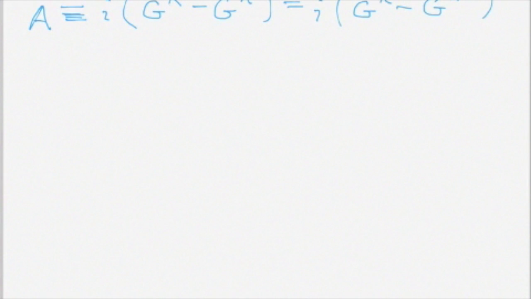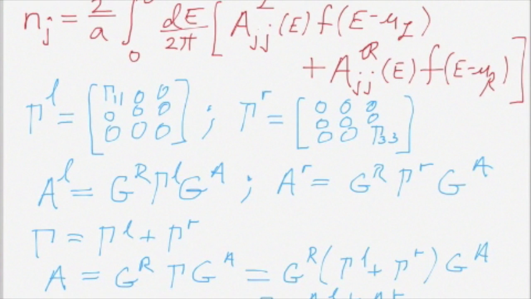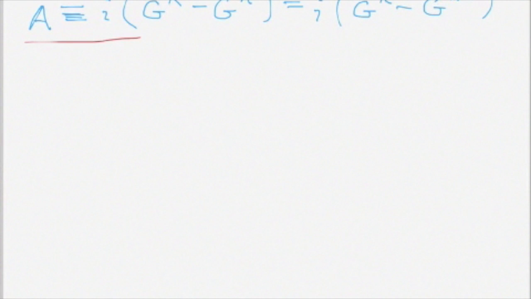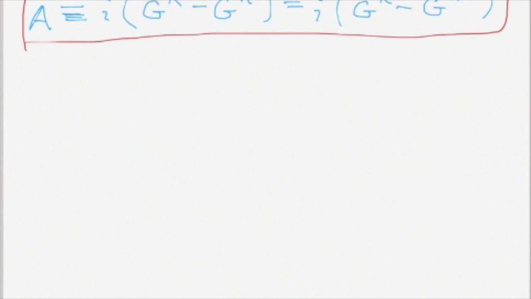Because the advanced green function is just a Hermitian conjugate of the retarded green function. This is one of the fundamental definitions in green function theory. It's not just non-equilibrium green functions, but equilibrium green functions, finite temperature green function, zero temperature green function. This is a fundamental definition of the spectral function.